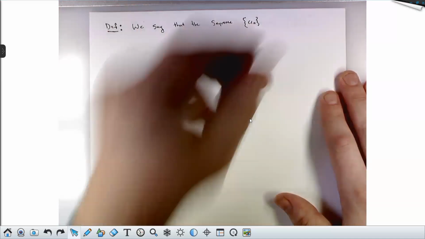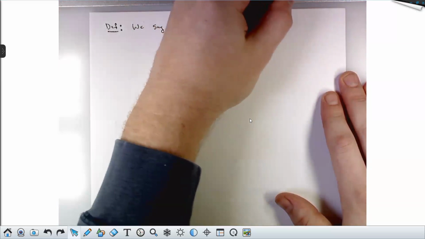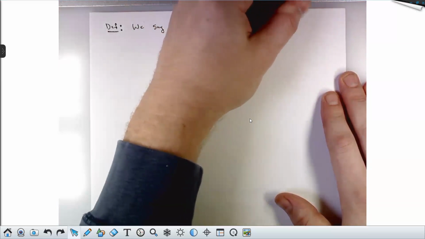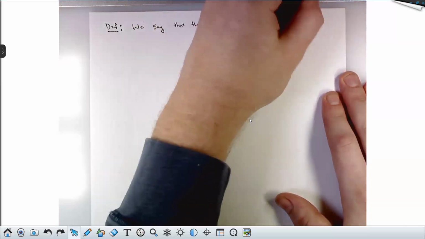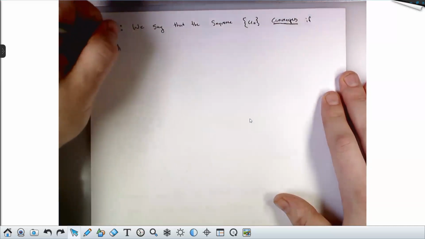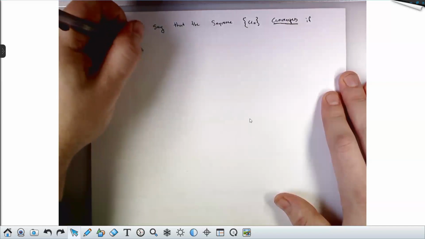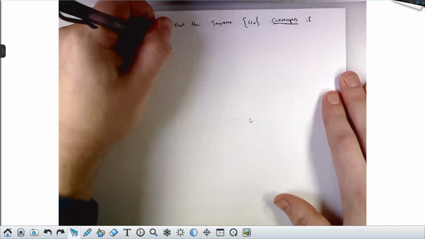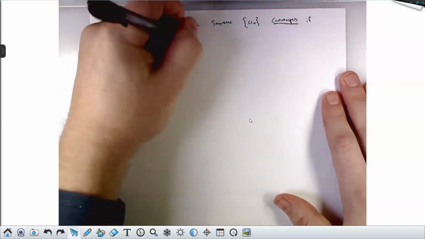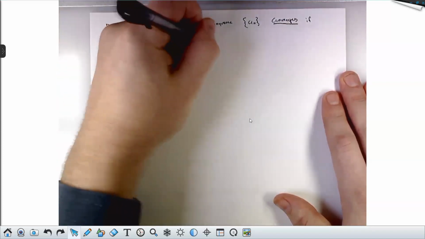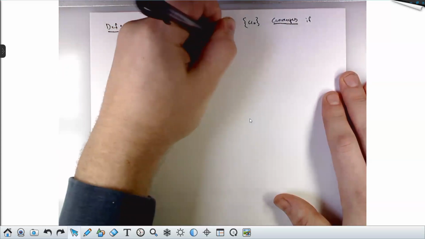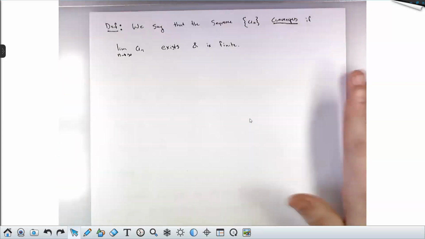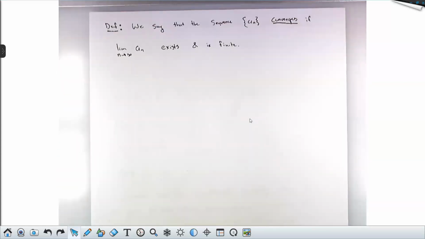We say that the sequence an converges if the limit as n goes to infinity of an, two things, we need it to exist and be finite. That's what it means to say that a sequence converges.